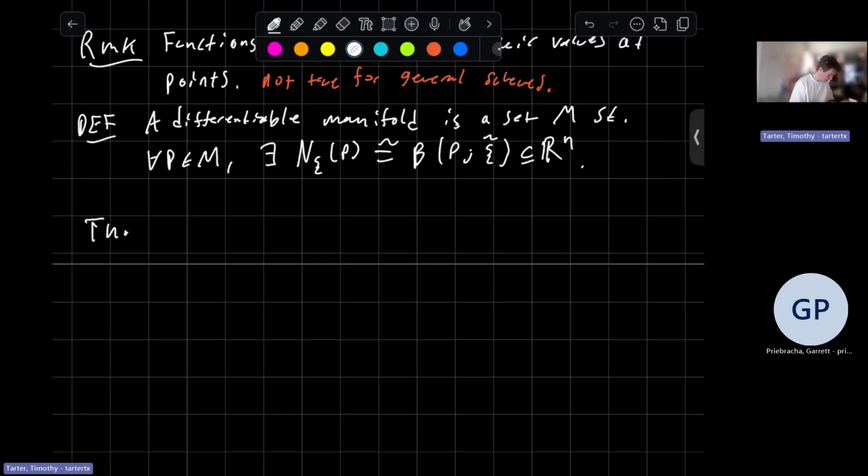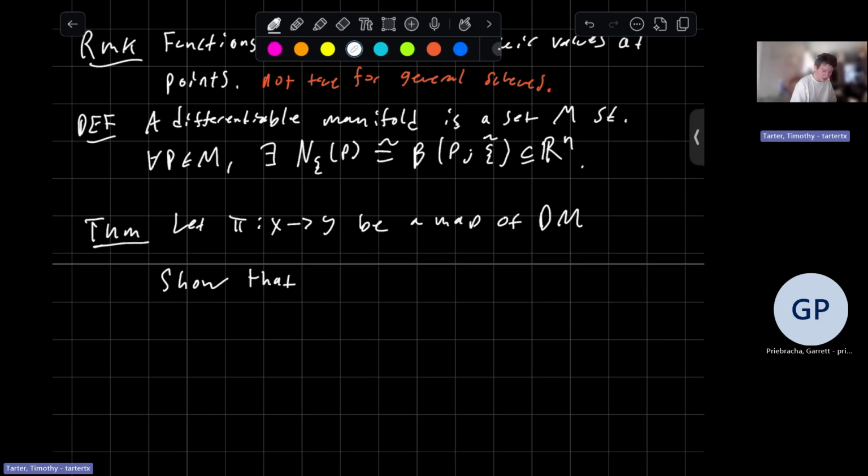So now I can state a theorem. Let pi from x to y be a map of differentiable manifolds as topological spaces. Show that, or sorry, I guess I'm saying this as a theorem.